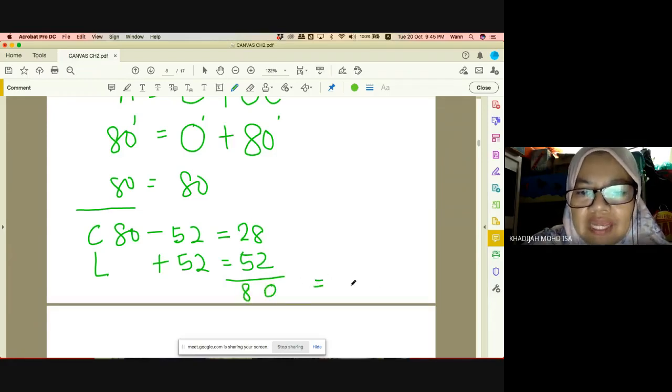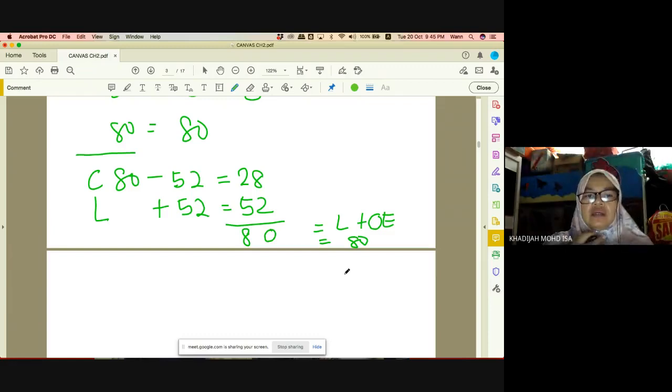Did anything happen to your liability and owner's equity? Do you take any liability? No. Do you pay anything out of your owner's equity? No. So in this case, how much is your L plus OE? 80 also, 80,000. The change is only on your asset side. There's a change, but the total of the asset is still 80.